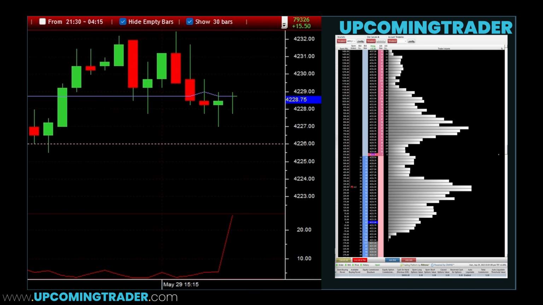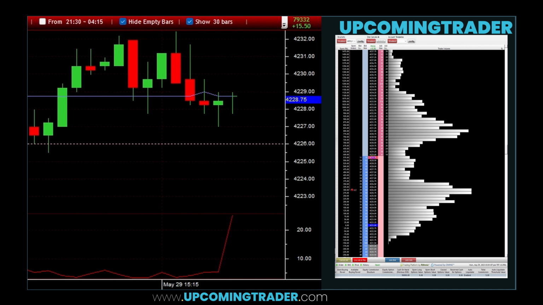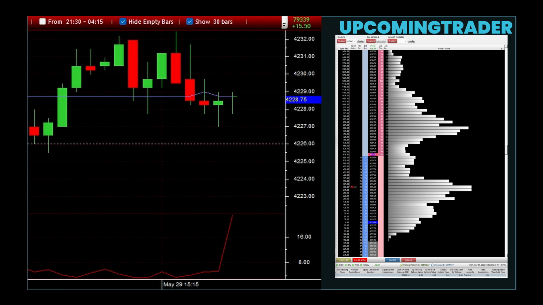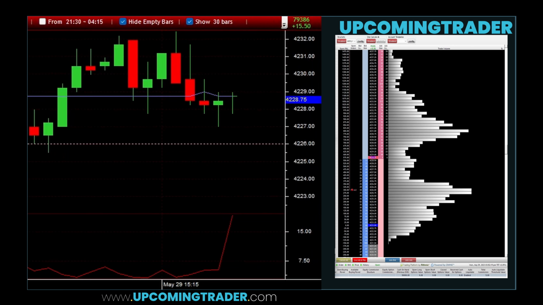In wedge patterns, where the price is moving within two converging lines, you can set your stop loss just outside the wedge, opposite to your trade direction. For triangle patterns, whether ascending, descending, or symmetrical, placing a stop loss just beyond the key trend line helps manage your exposure if the breakout does not hold.